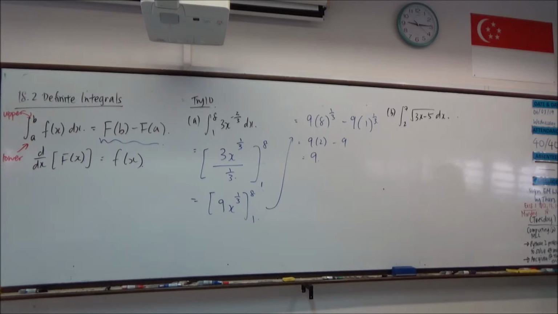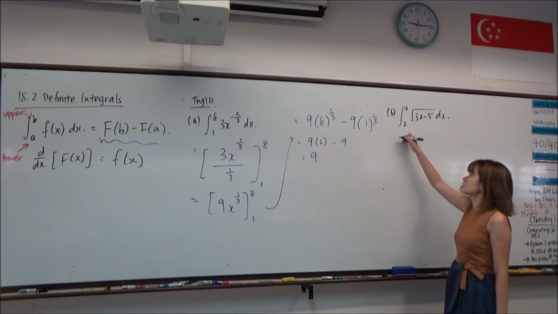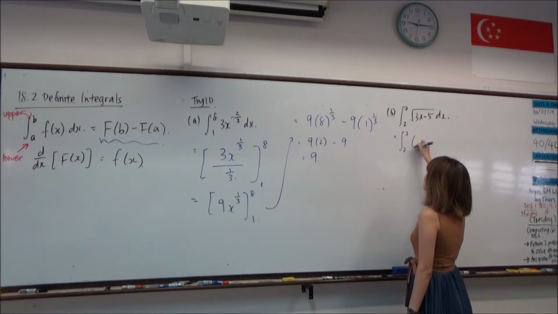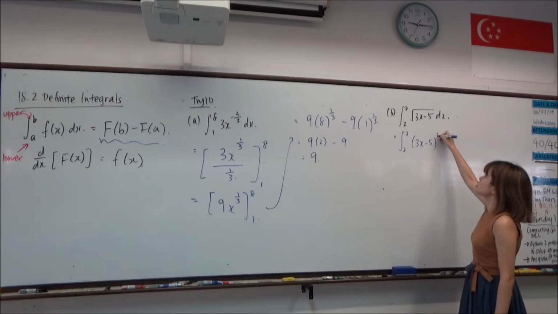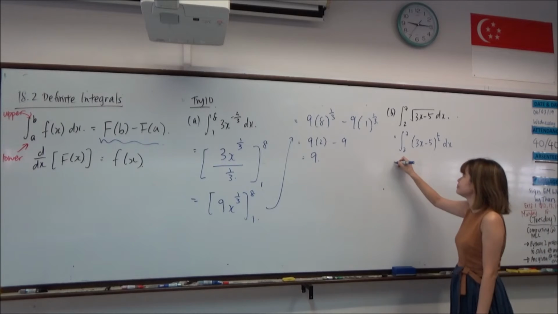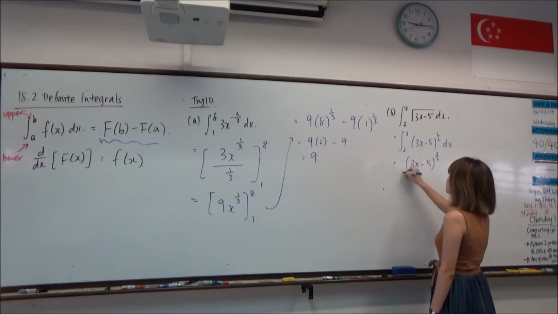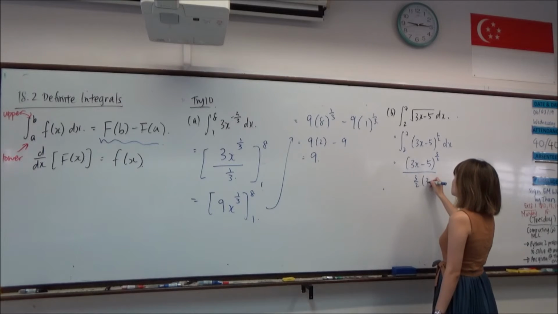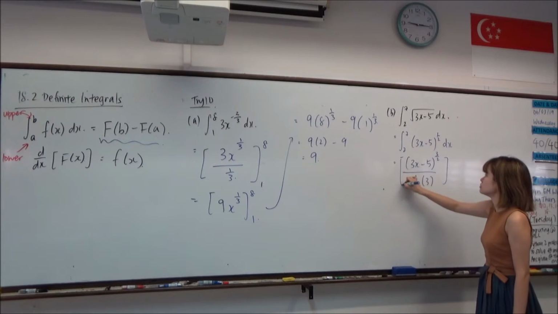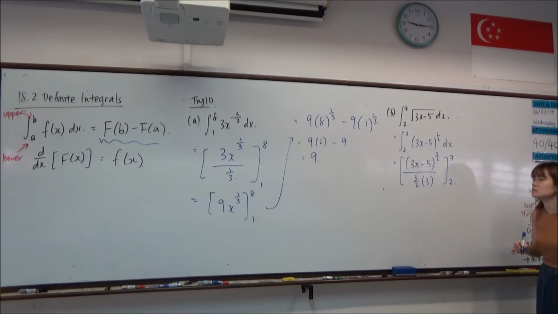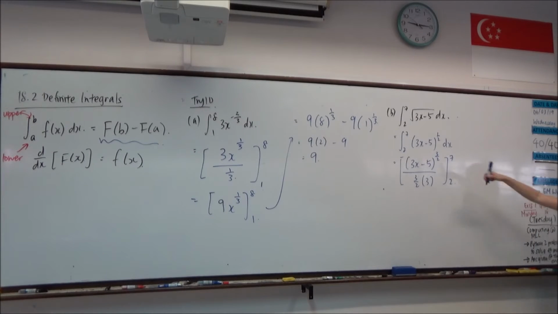Another one, if I want to integrate square root of 3x minus 5 between the boundaries of 2 and 7, likewise I will integrate as per usual. Maybe for some of you, you want to change it to power of half first. I think that you will get this.